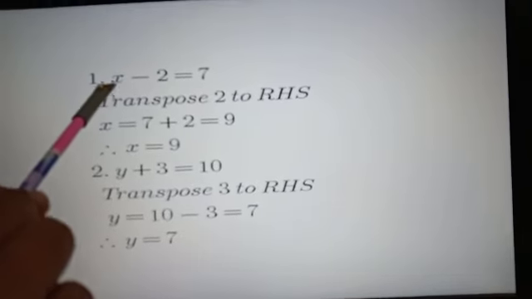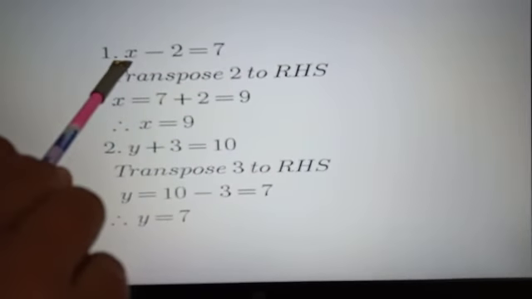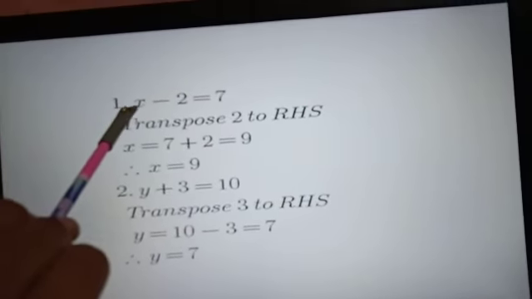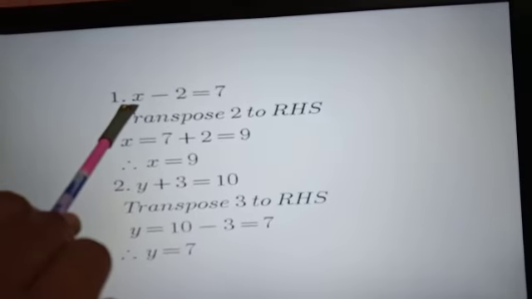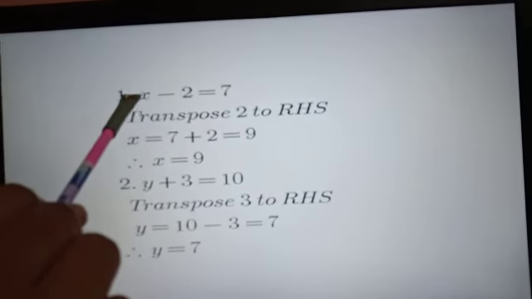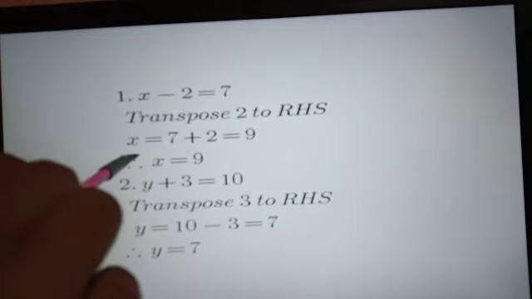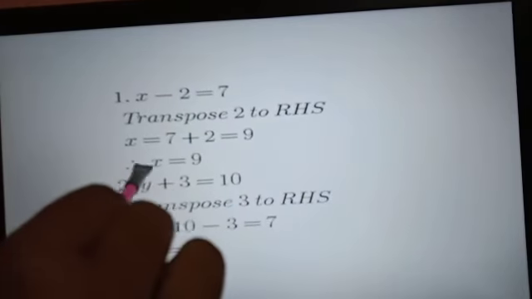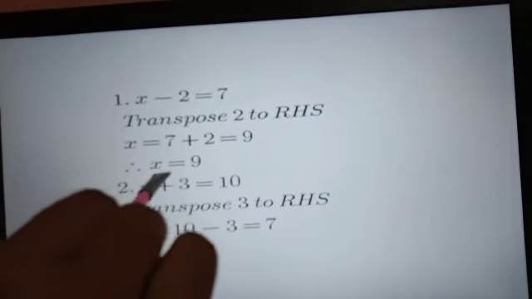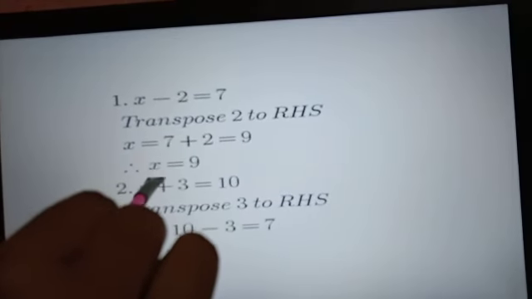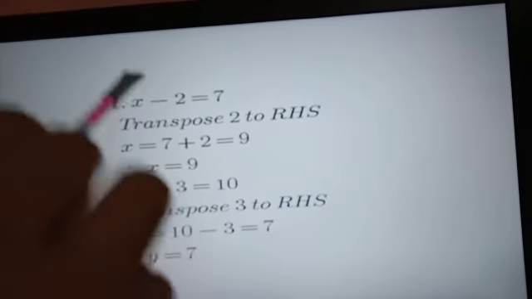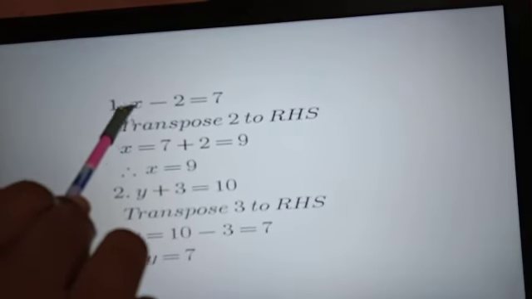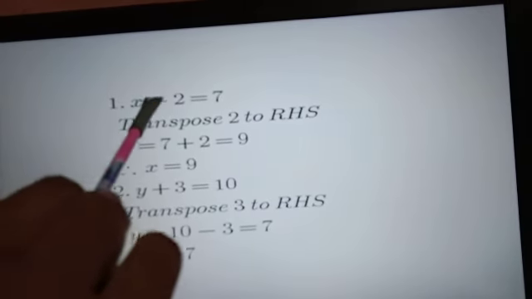Here the unknown is the variable. To find the value of x, we should keep x alone in the left side. Remaining everything we should bring to the right side. Automatically we will get the value of the variable x. Understood? So we should keep x alone in the left side.